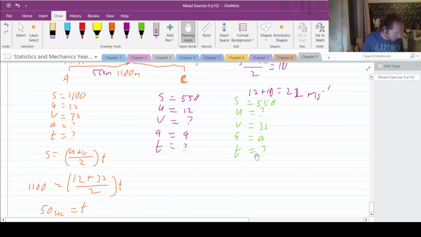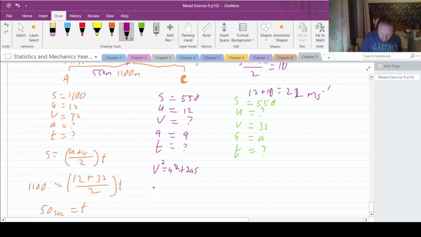So we can use the v squared equals u squared plus 2as. The v squared that I'm looking for is equal to 12 squared plus 2 times 550a.